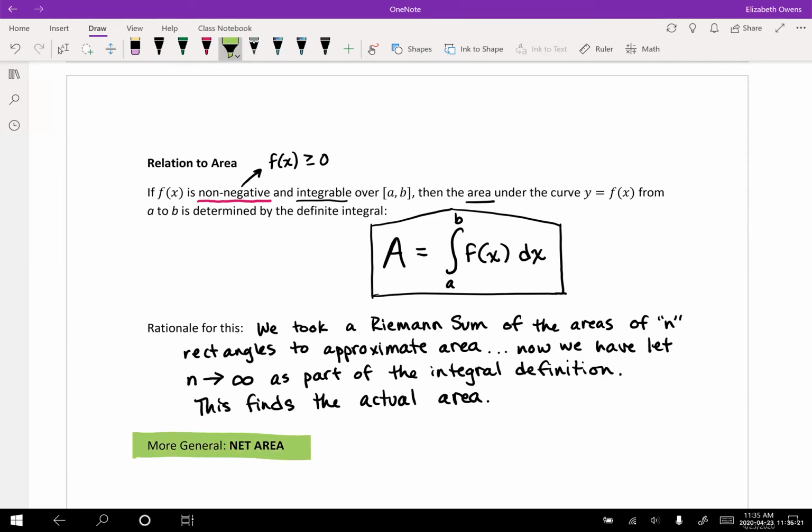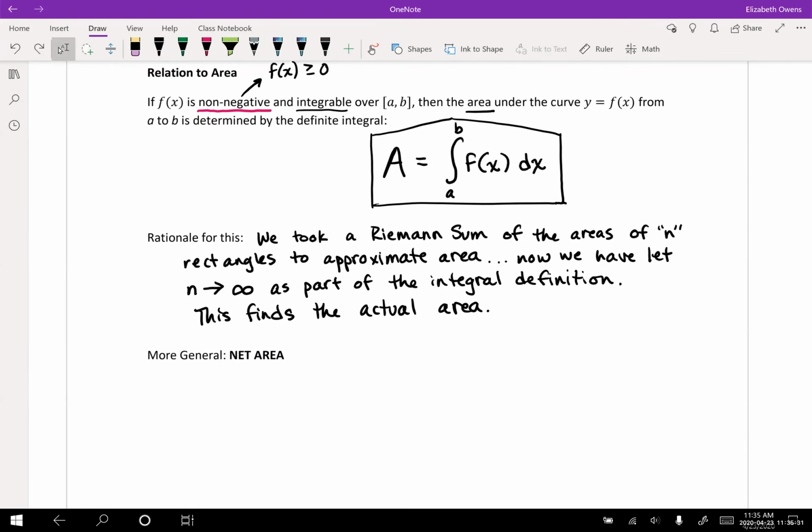The more general version of this is looking at something called net area. So in net area, we consider areas beneath the x-axis.